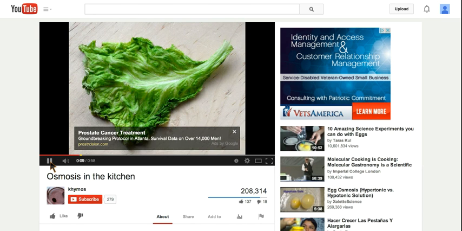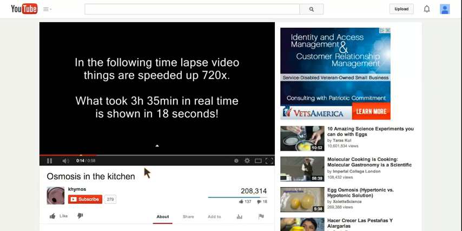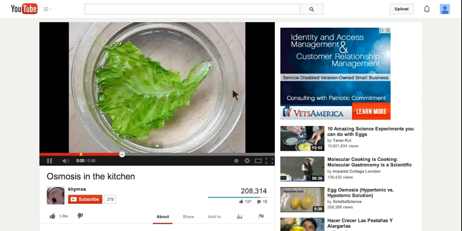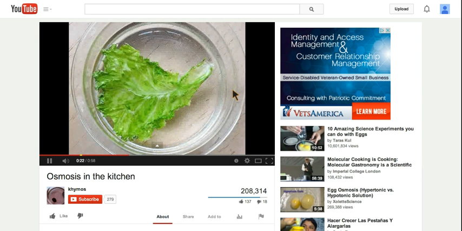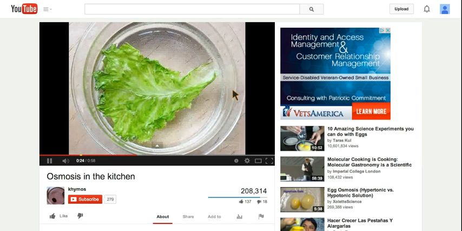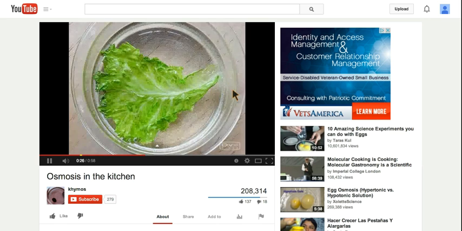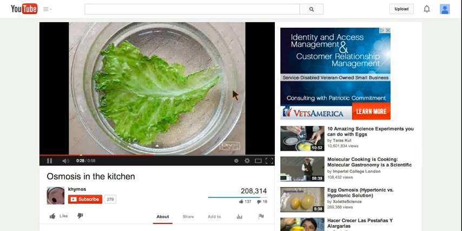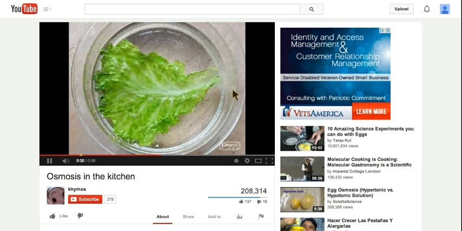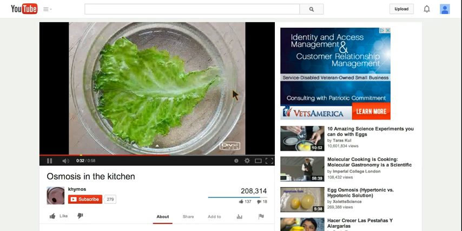So this is what the lettuce looked like before. The lettuce looks kind of wilted. So it's super sped up, 720 times faster than real time. We can see the lettuce is starting to expand. Those cells in there are taking in lots of water. It doesn't look so wilted anymore.